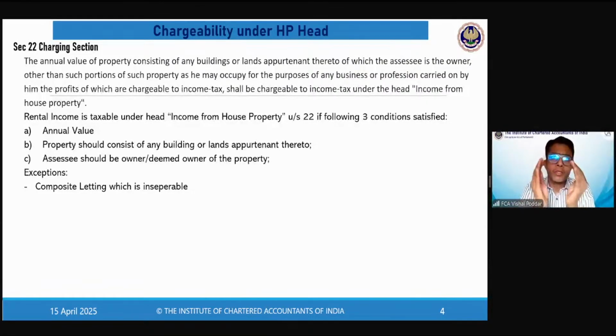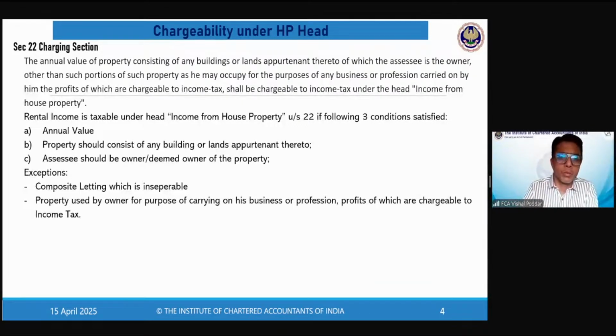So the rent of such a case, which is called composite letting, will not be taxed under the head house property. It may go to PGBP if giving such properties on rent is your business, or it will go to other sources.